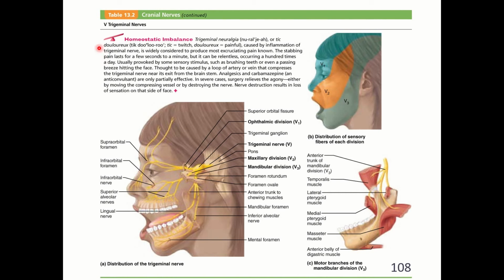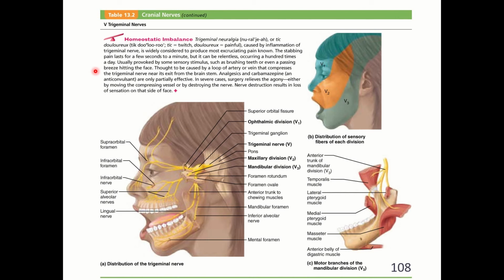Homeostatic imbalance is called trigeminal neuralgia, and it is caused by the inflammation of the trigeminal nerve and is widely considered to produce the most excruciating pain known. The stabbing pain lasts for a few seconds to a minute, but it can be relentless, occurring 100 times a day, usually provoked by some sensory stimulus such as brushing the teeth or even a passing breeze hitting the face.